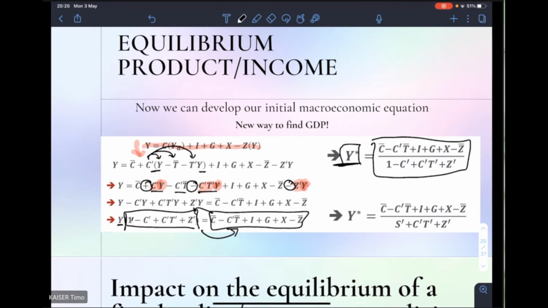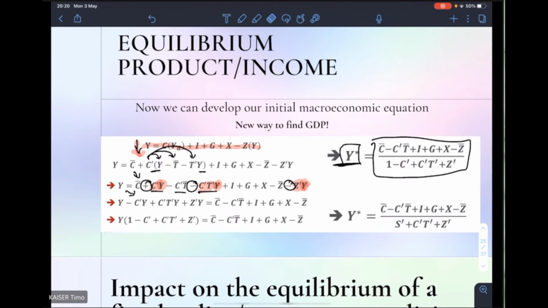And that's actually the whole procedure. So first expand, afterwards solve the brackets, put every expression with Y on the left side, and then we just take out the Y's and divide. And then we have this expression, which would be the new equilibrium condition, very important.